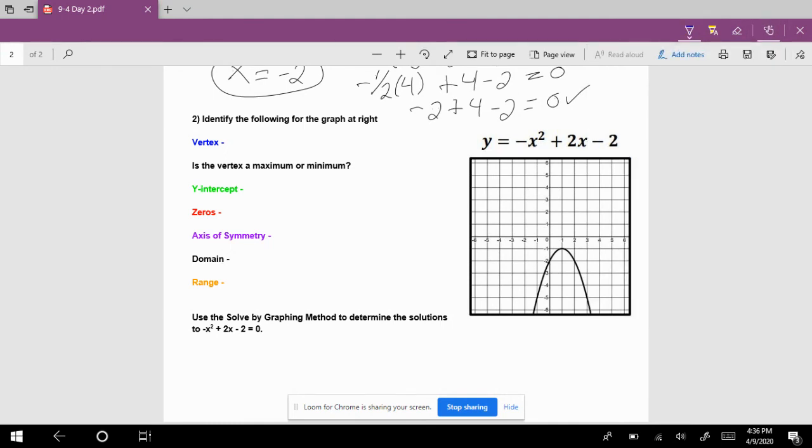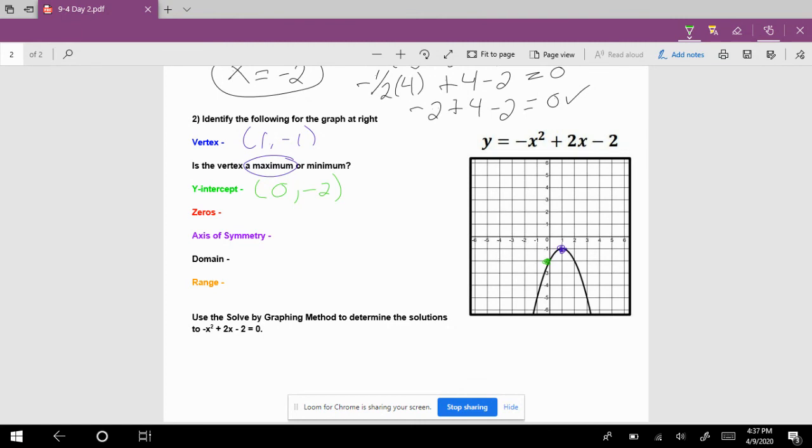Okay, so for this one, your vertex is at (1, -1). It is a maximum. Your y-intercept is right here, which is (0, -2).